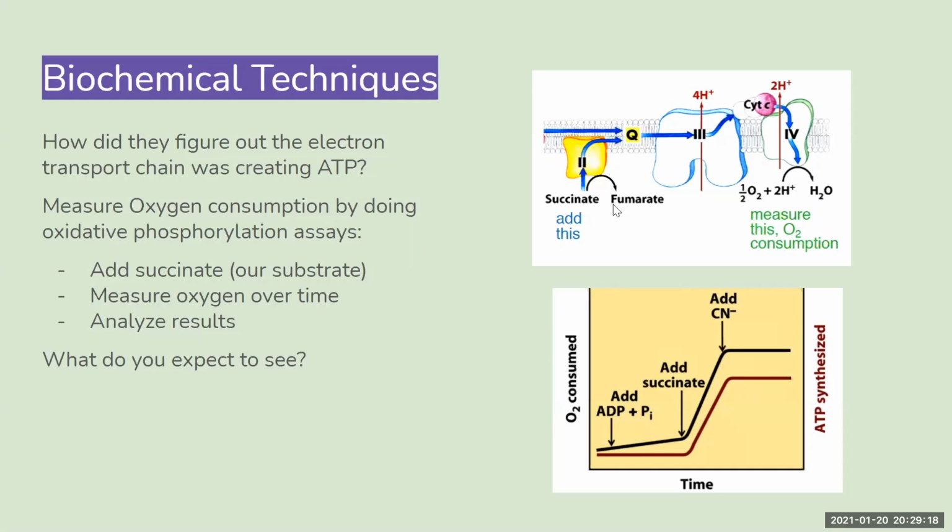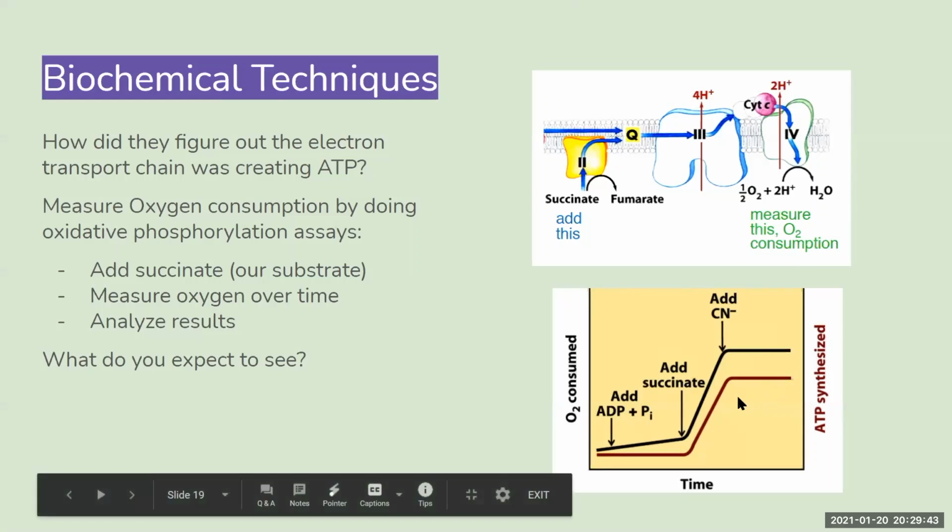And then they also did a separate experiment to measure ATP production. There is another complex here that's ATP synthase, and that is the complex that uses these protons and this proton gradient to essentially create ATP. And this oxygen consumption is directly linked to ATP synthesis.